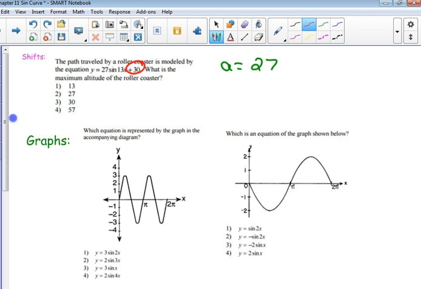So what they're saying is, well, we don't need an exact kind of curve here. Our normal sine curve is going to go all the way up and down to 27. There's 27 units in here. But this is a little tricky.